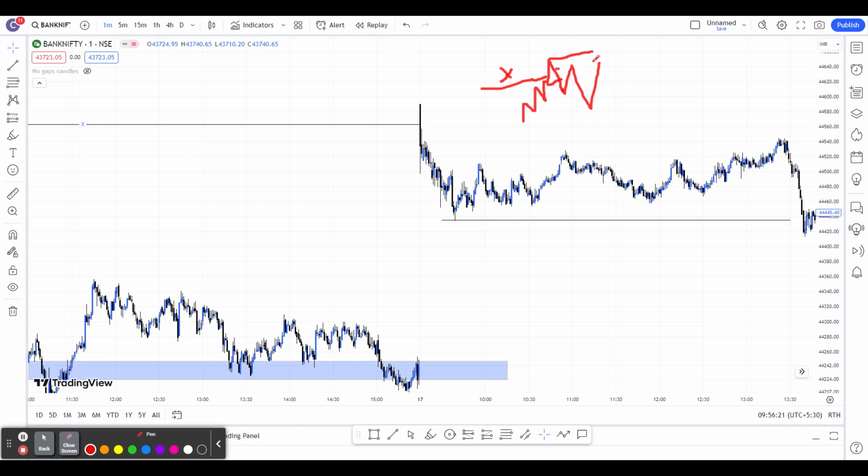This is the first criteria, and this is the second criteria. This is the liquidity sweep area in the higher time frame, and this is the lower time frame. Do you see any structure in this area? No, there is no recent structure here, like this one or this one. So what will you do in this area?